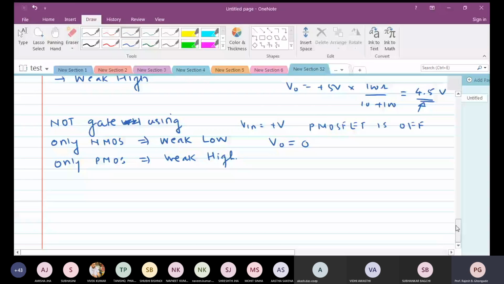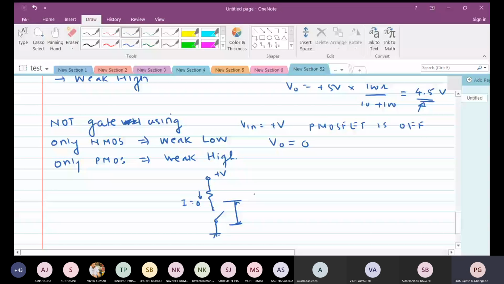Now, when we talk about the switch, I'll make it very simple here. When the switch is off, what is going to be the power dissipation across the switch? How do you calculate it?